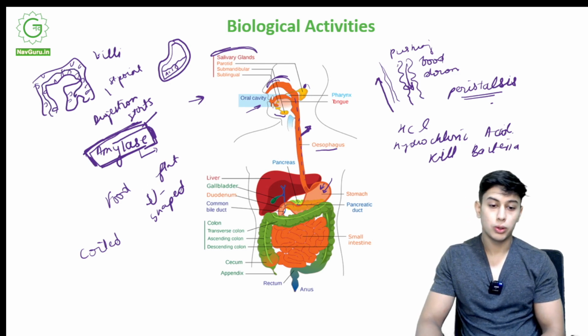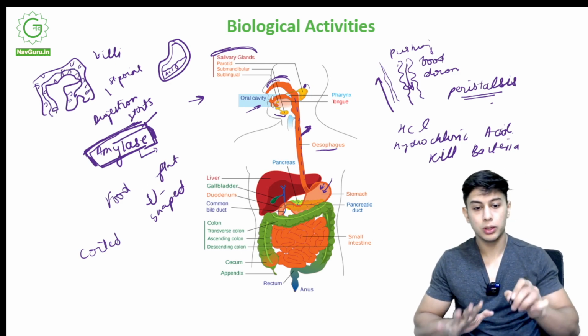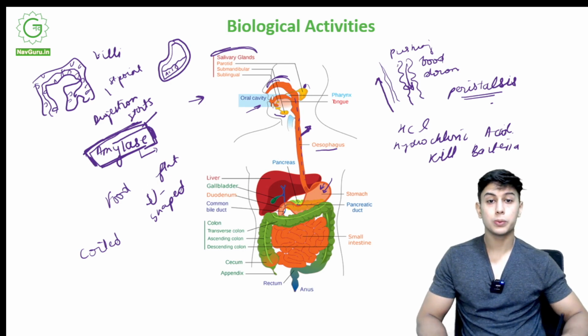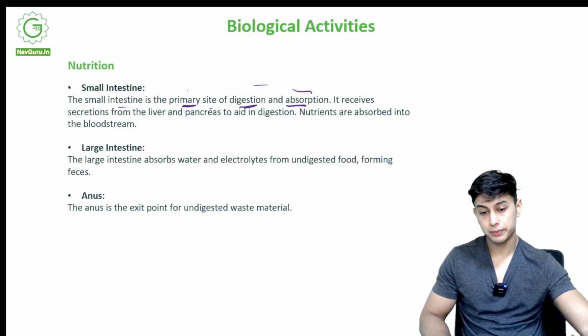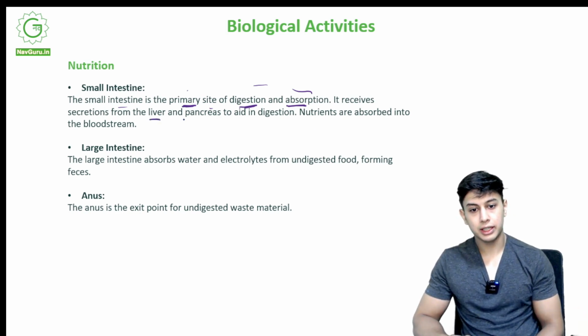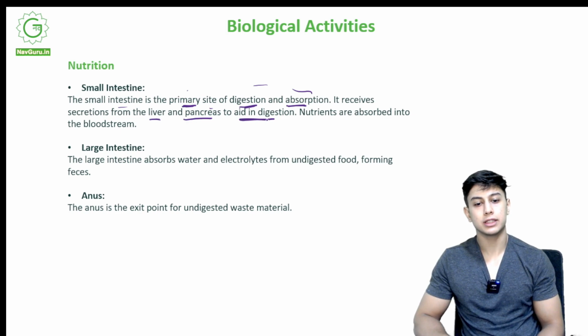Okay, so the small intestine plays a very crucial role in our body. Why? Because it is where absorption occurs from the food. It receives secretions from the liver and the pancreas to aid in digestion.